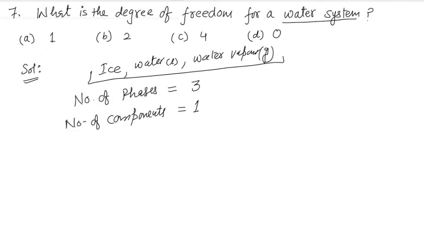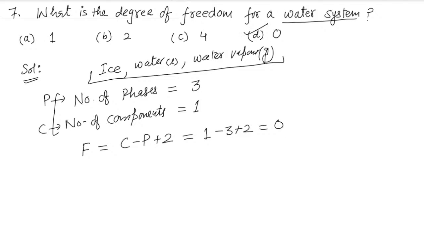The degree of freedom formula is C minus P plus 2, that is the Gibbs phase rule, where P is the number of phases and C the number of components. So 1 minus 3 plus 2 comes out to be 0. So D option is correct. Great.